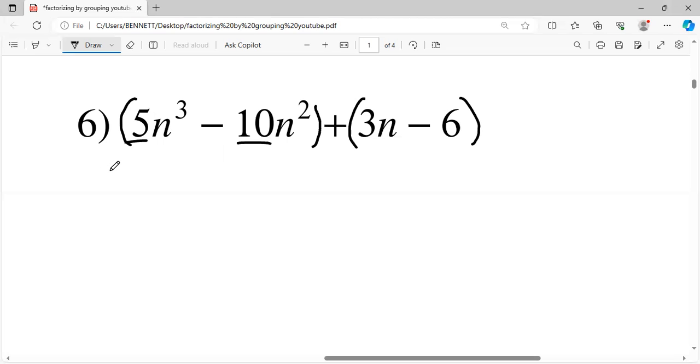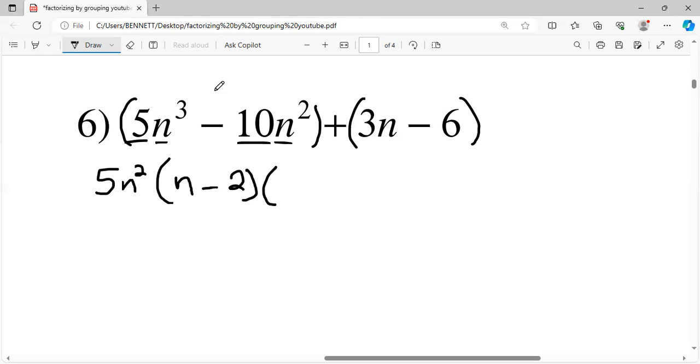Of course, that would be 5. We have n squared and n cubed, so we take out the n squared. Notice we take out the lower one at all times, even though that means it's the highest number that can go into it. So 5 into this goes 1 time, n cubed divided by n squared would be n. And of course, 5 into 10 goes 2 times, n squared would cancel n squared.